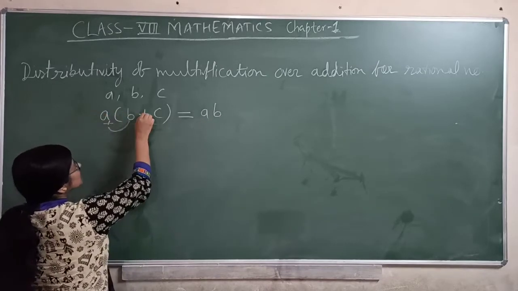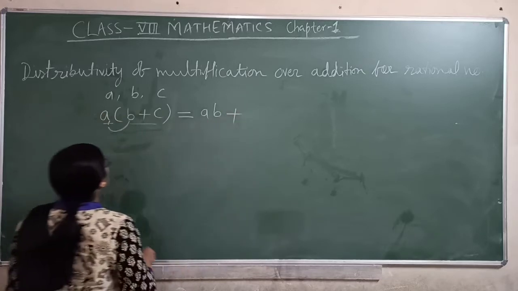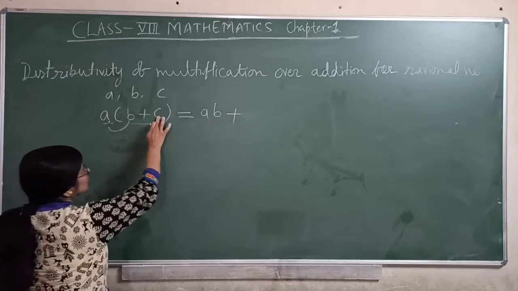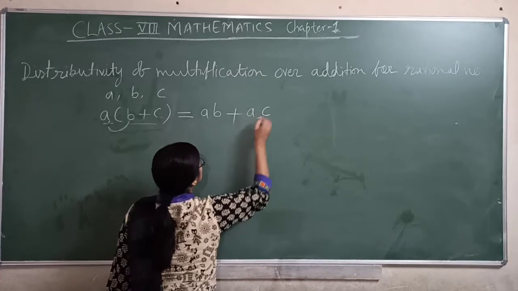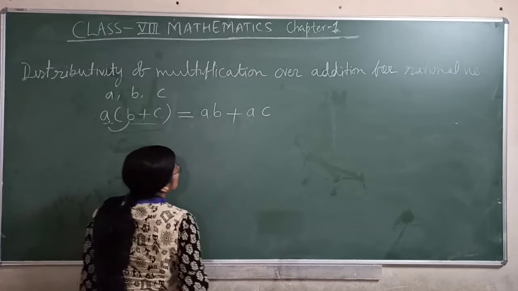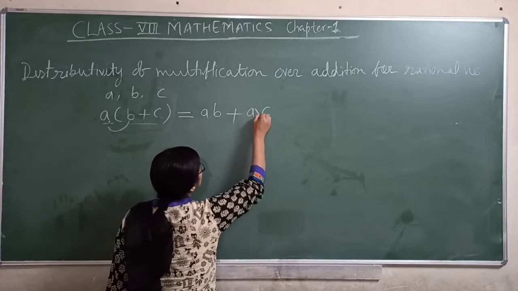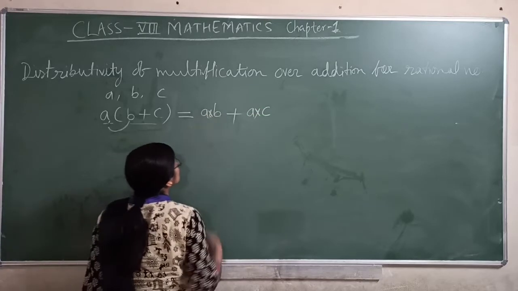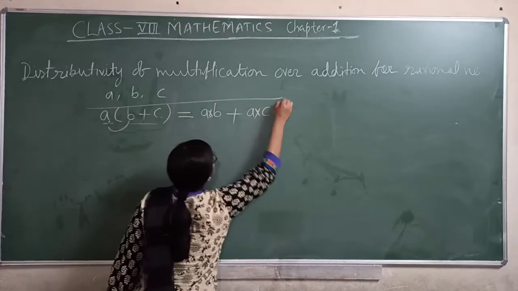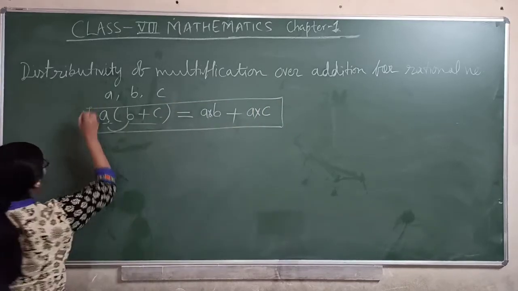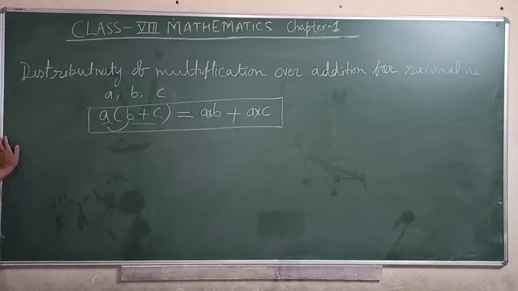Here plus into plus sign, and A into C, C we will write. AC means A into C, AB means A into B. This is called the distributive law of multiplication over addition for rational numbers.